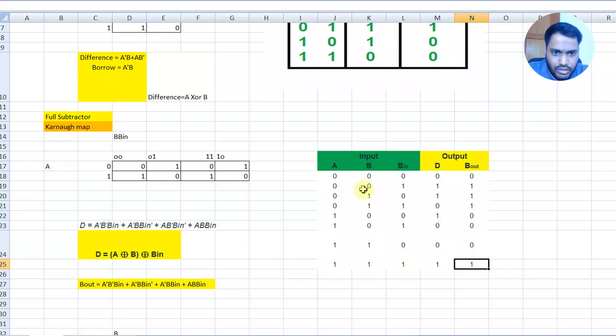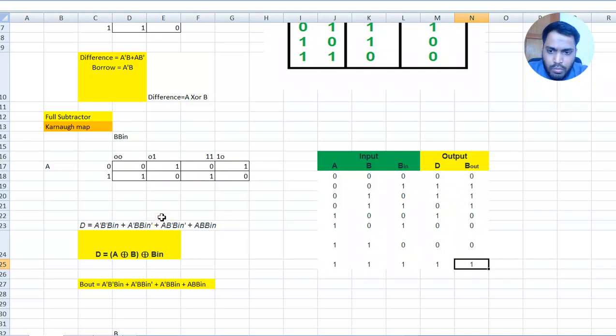So the first thing here, we are taking the borrow, so for this it will be 1. Here in these two cases, a is smaller than b, so without seeing the borrow in, we can say that borrow out is 1. In this case, both were equal, but we are taking a borrow here, so borrow out will be 1. So now we write the equation for borrow out.